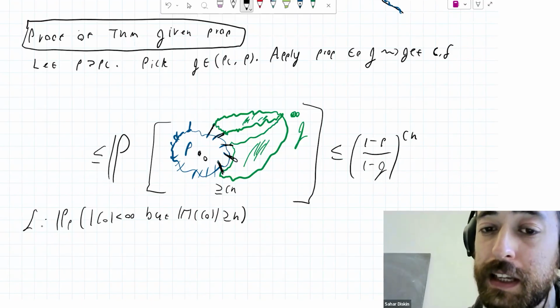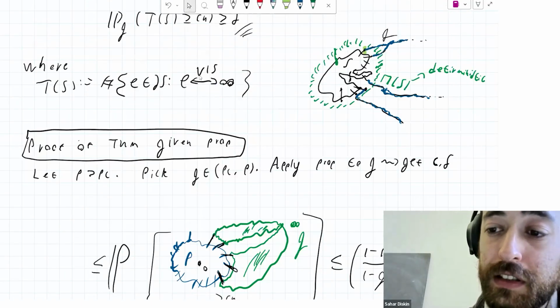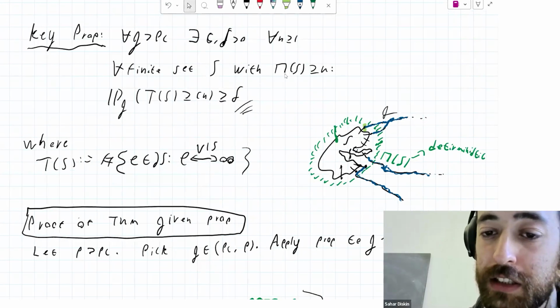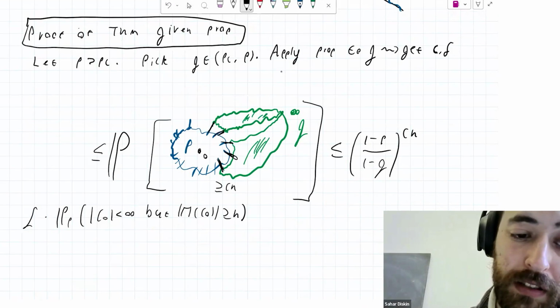So I pay this delta to ensure that I actually have Cn touches, and then I just have this event here. So I can bound it from both sides.